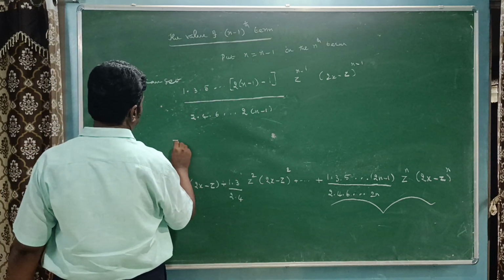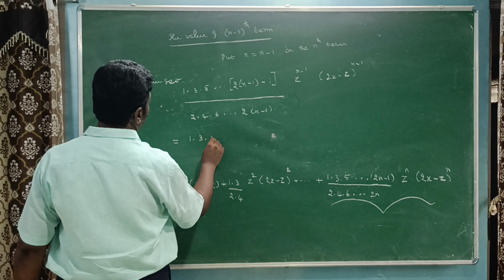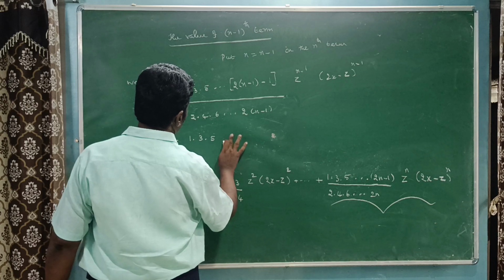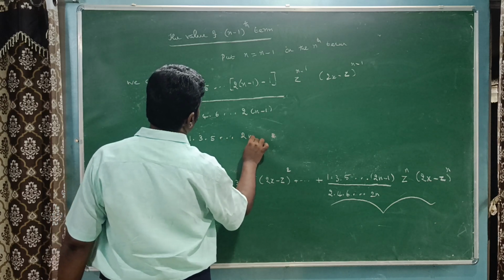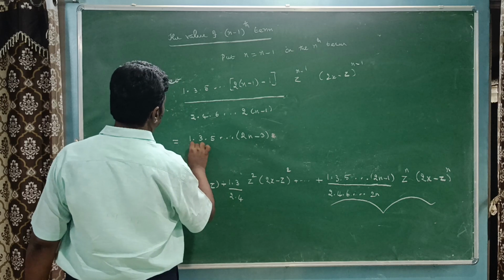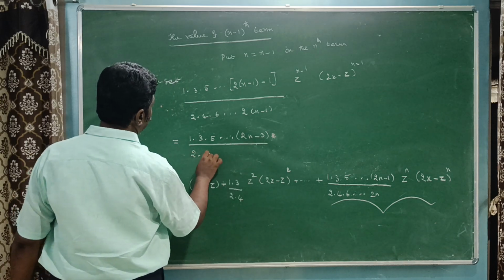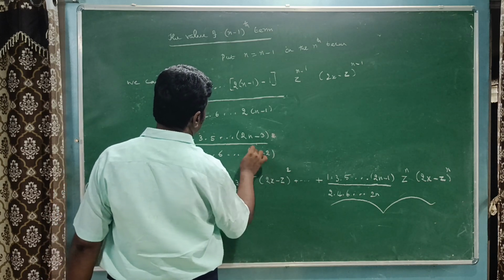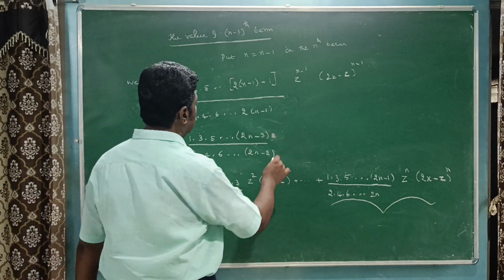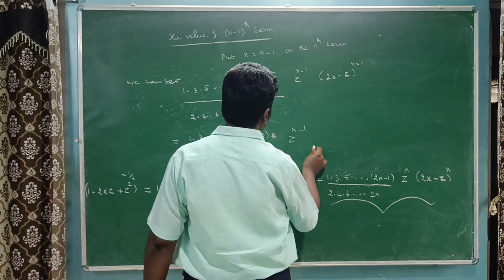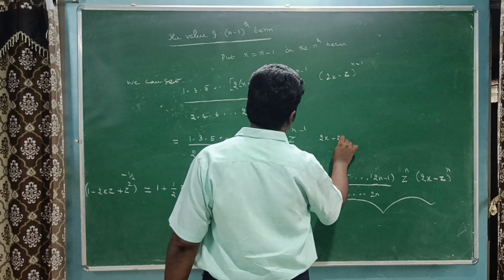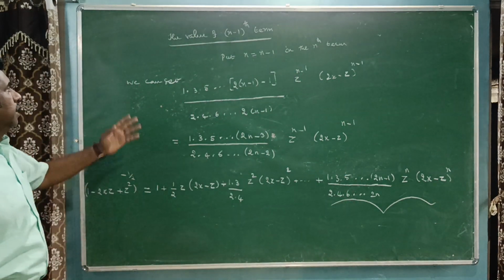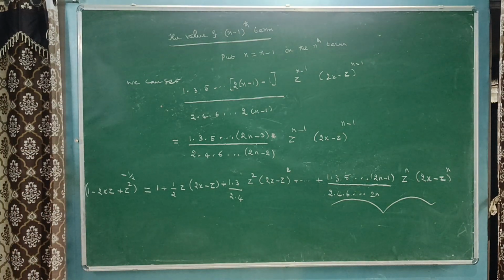This is equal to (1·3·5···(2n − 3))/(2·4·6···(2n − 2)) z^(n−1)(2x − z)^(n−1). This is the value of the (n − 1)th term.